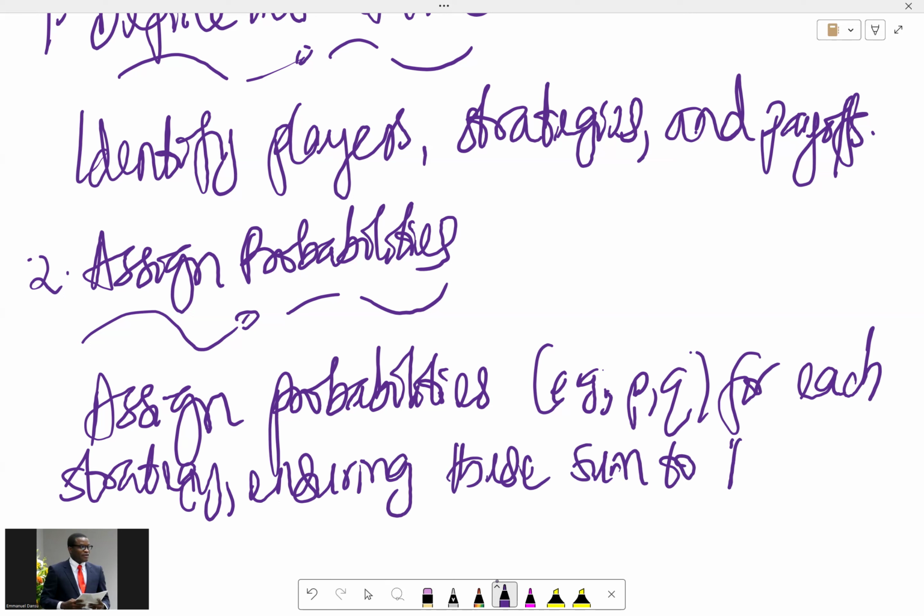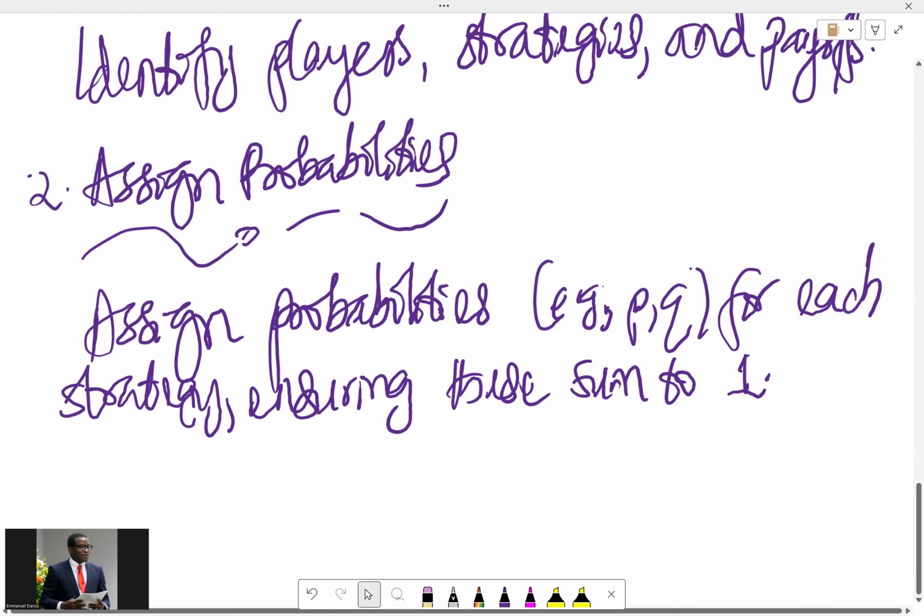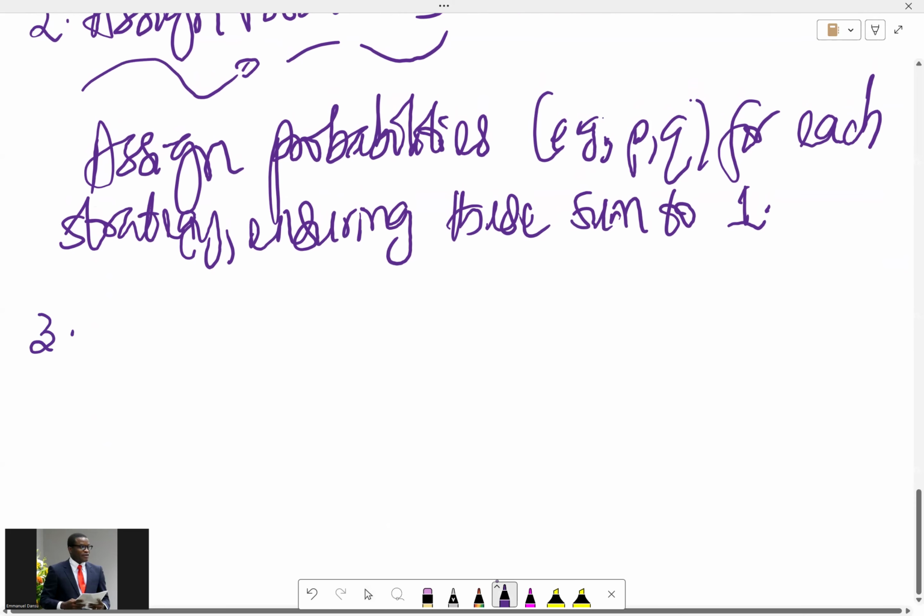The whole idea of p and q is that, for instance, in a prisoner's dilemma game, the probability that you will cooperate can be p, while the probability that you will not cooperate will be q, so that by the time you add p and q together, everything will be 1. So if the probability that you will cooperate is 0.7, the probability that you will defect will be 0.3. So p is 0.7 while q is 0.3, and that way, the two sum up to 1.